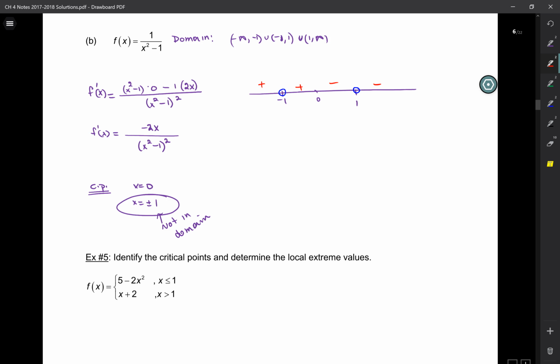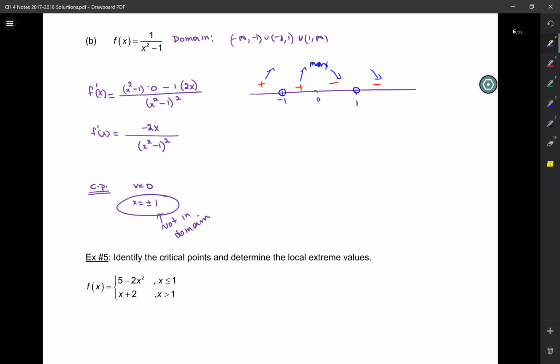Negative, negative. So that means f of x is increasing, increasing, decreasing, decreasing. So there is a maximum right there. So you only have a max. When it changes, you have a max? Yes. So that's a parameter. Maxima and minima occur when the function changes between increasing and decreasing.